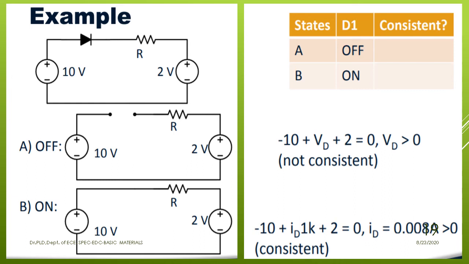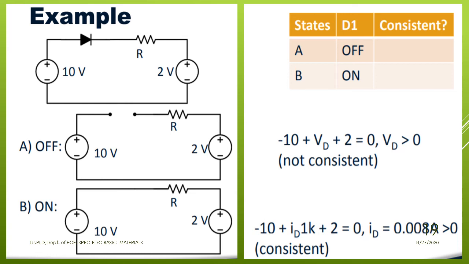If the diode is off, in general, if the anode voltage is lesser than the cathode voltage, please remember this point, the diode is in off condition. If it is in off condition, it acts as an open circuit.